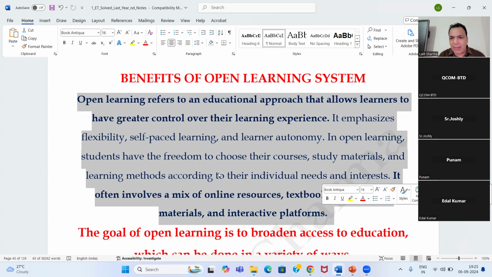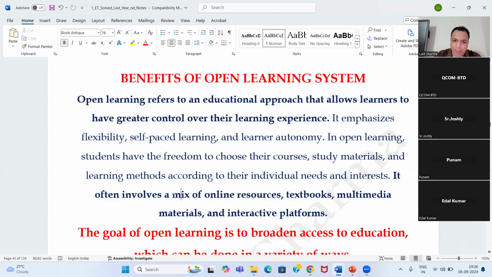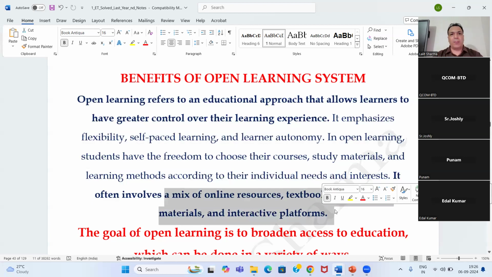See, it emphasizes flexibility, self-paced learning, and learner autonomy. In open learning, students have the freedom to choose their course, study material, and learning method according to their individual need and interest. It often involves a mixture of online resources, textbooks, multimedia material, and interactive platforms.